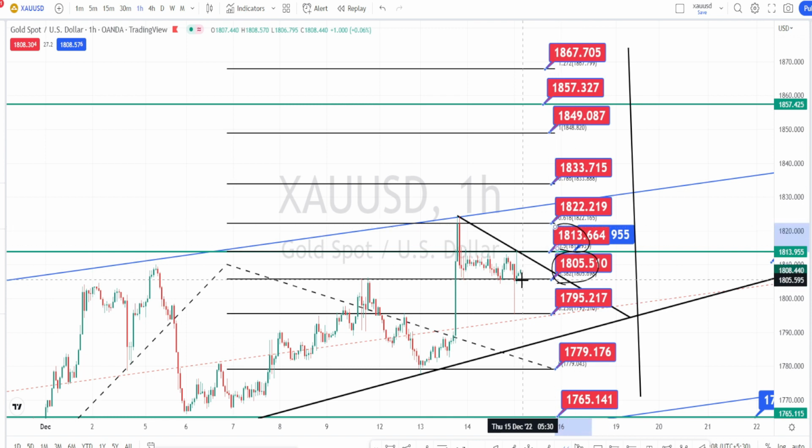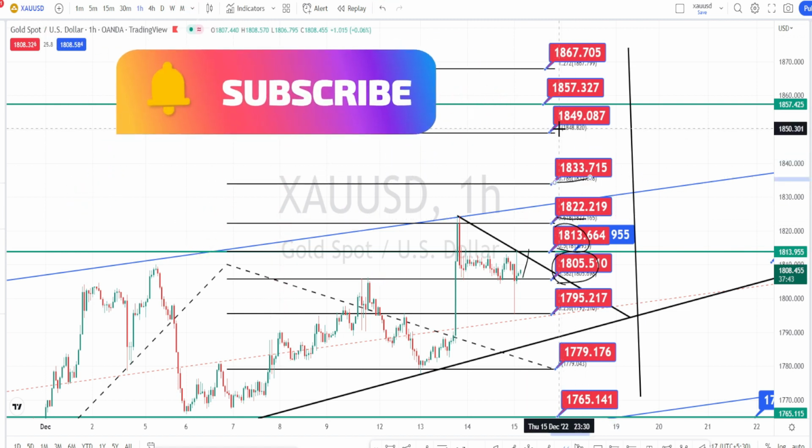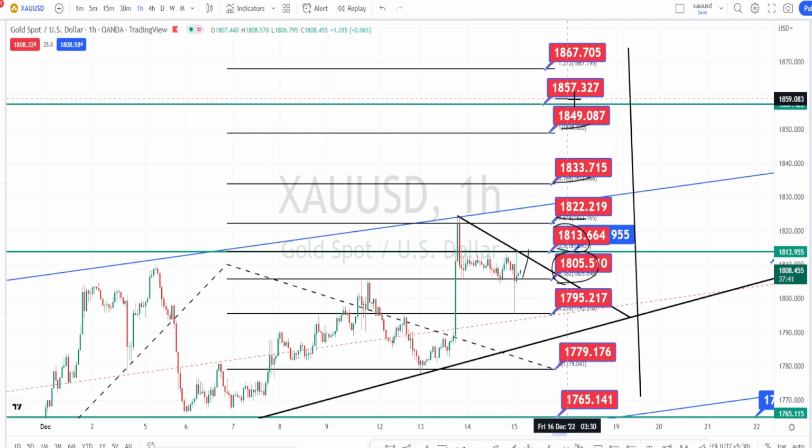Once the price action breaks this resistance level of 1813, next level of resistance is going to be around 1822, 1833, 1849, 1857 and 1867. And if the price action bounces back from this resistance line from the hourly time frame on the bearish side retracement, next level of support is going to be around 1795, 1779 and 1765.